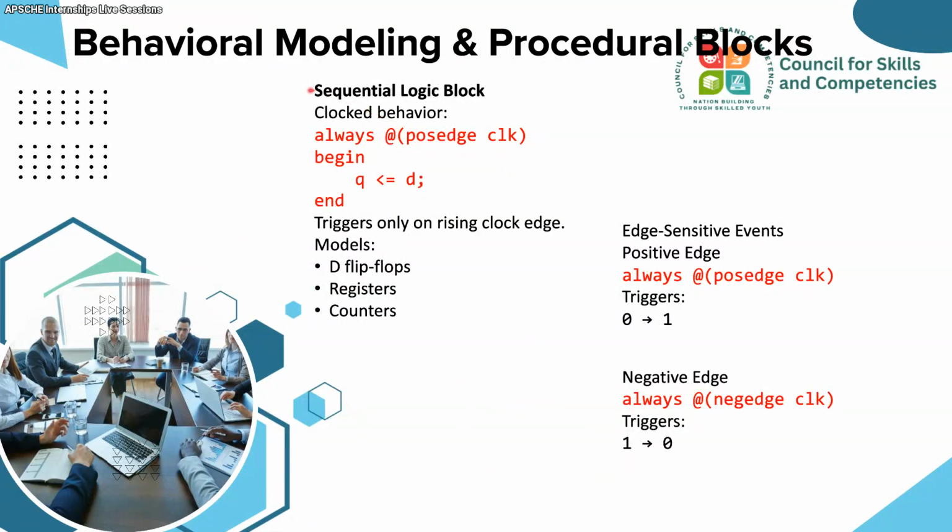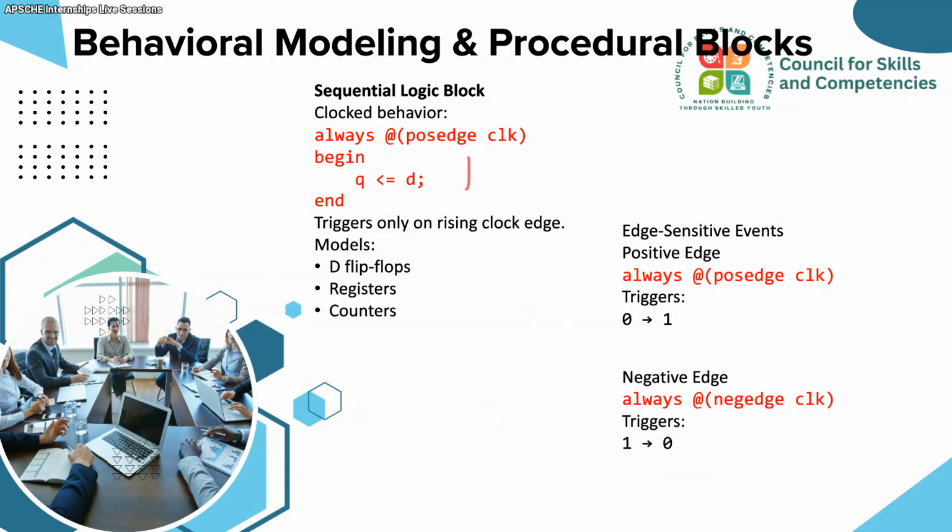In sequential logic blocks, the clocked behavior, we have to mention whether it is the positive clock edge or the negative clock edge. Here it uses non-blocking assignment, which we will discuss later.